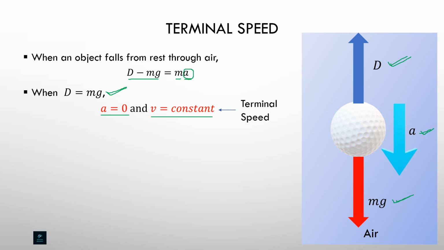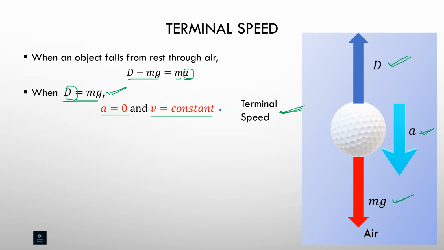This constant speed or velocity of the object falling through air is called the terminal speed. To obtain the value of the terminal speed, we put the value of D in this equation.